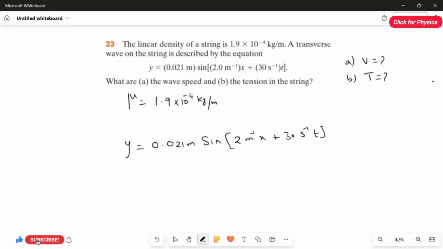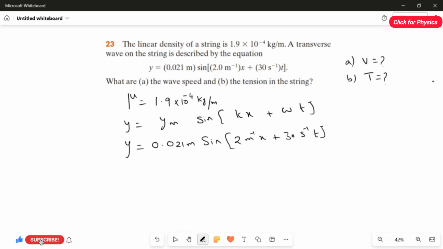For that I have to compare the given equation with the standard wave equation y = ym sine of (kx minus or plus omega t). Here the wave is moving in the negative direction of x, because as we already studied in the theory, if the sign is negative, the wave is moving in the positive direction of x, and if the sign is positive, the wave is moving in the negative direction of x.